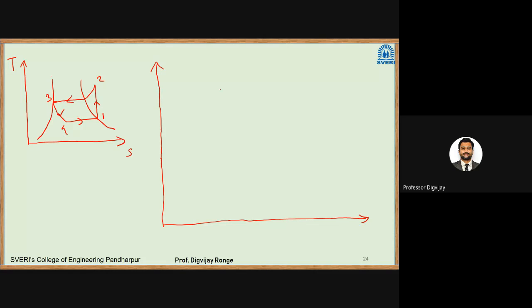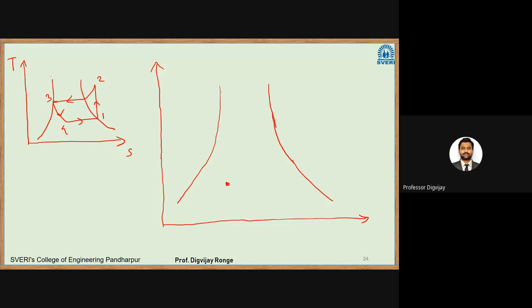Okay, so I hope that will help. Okay, so first I will start with the entry of the evaporator.